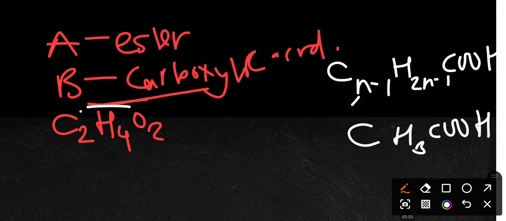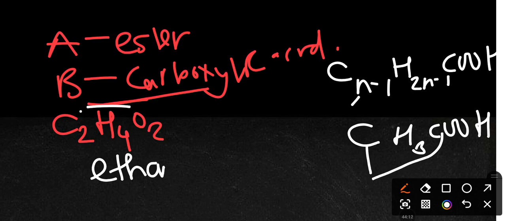In naming this carboxylic acid, since it has two carbon atoms, it starts with the prefix eth, and we know that all carboxylic acids have a name like this, so it would be ethanoic acid.